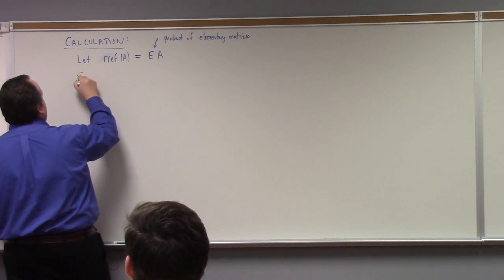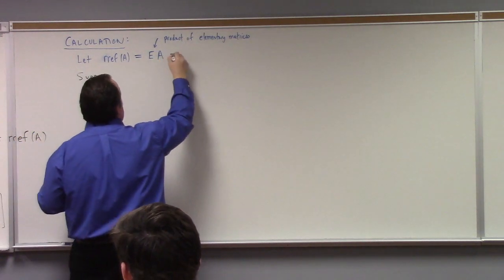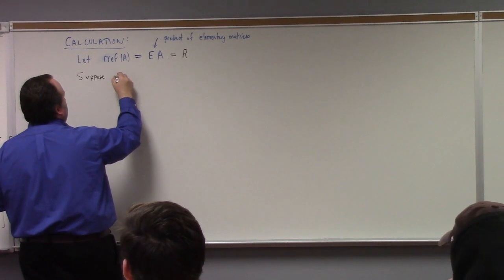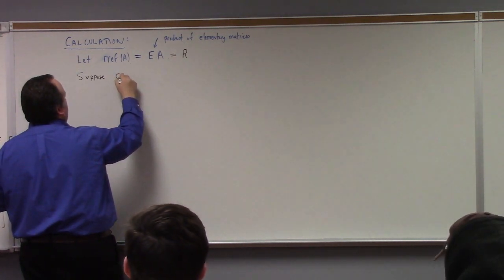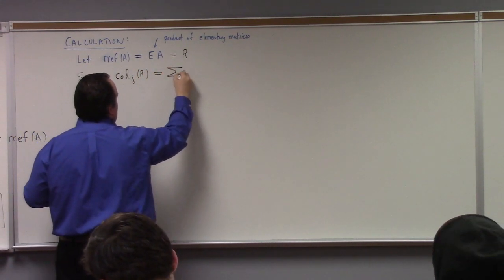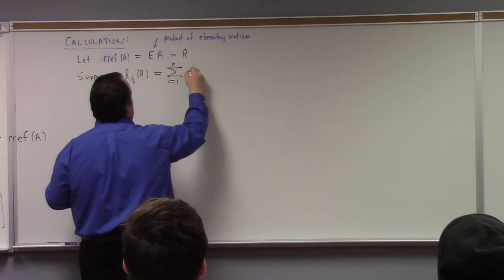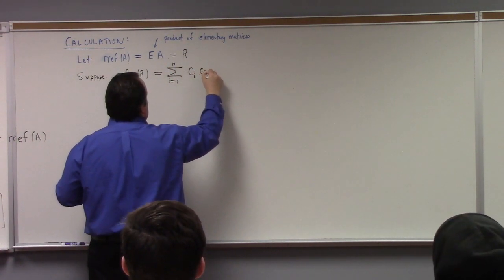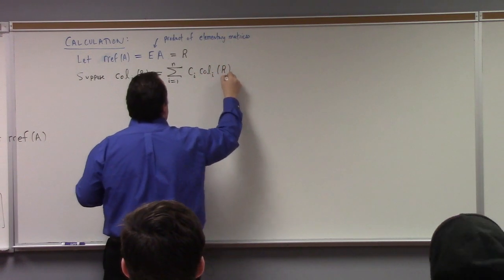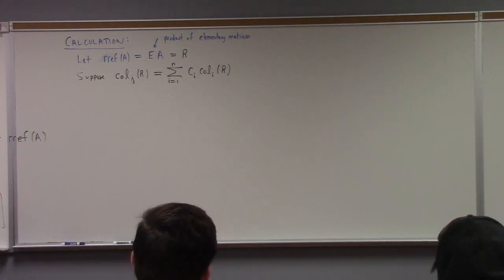Now let us suppose that, let's call this thing R. Suppose that column j of R is equal to a sum, i equals 1 to n, of c_i times column i of R. So what am I saying?